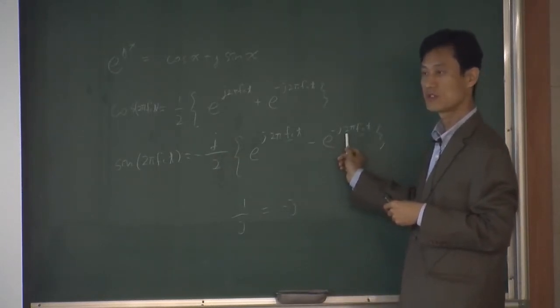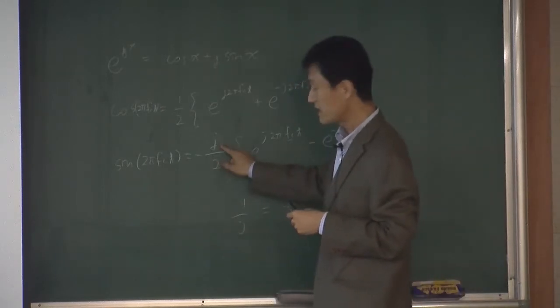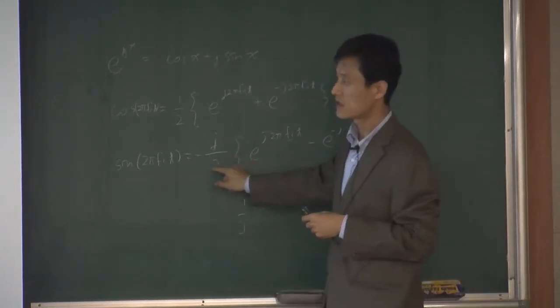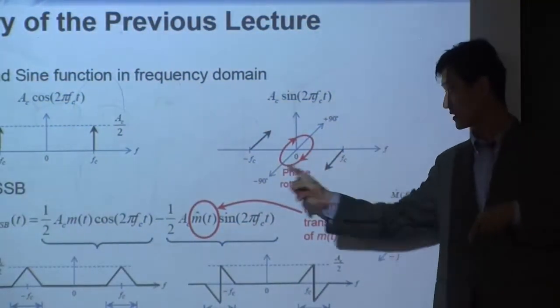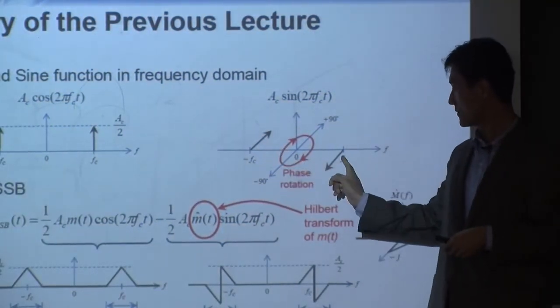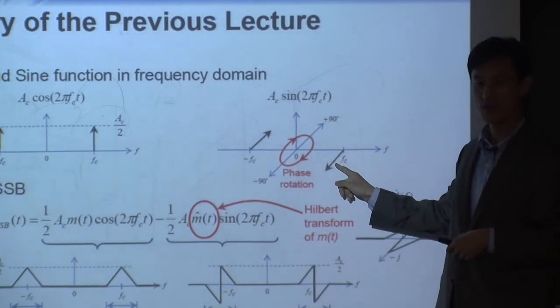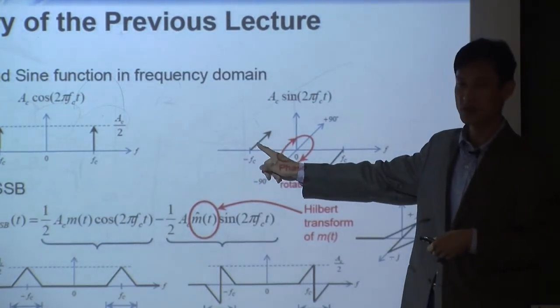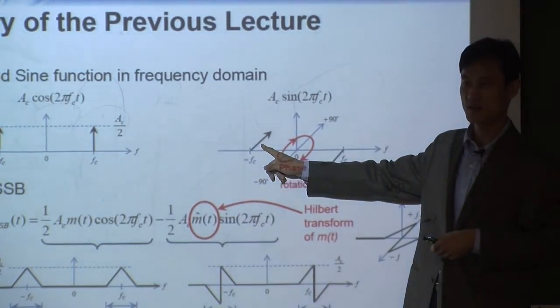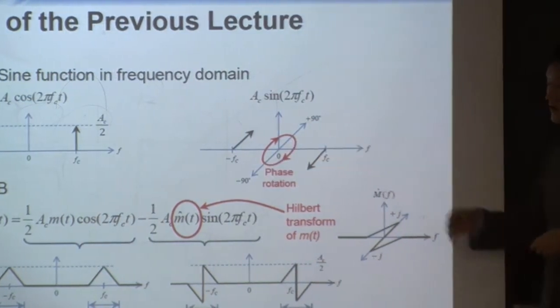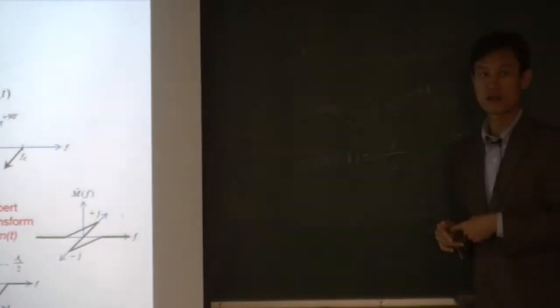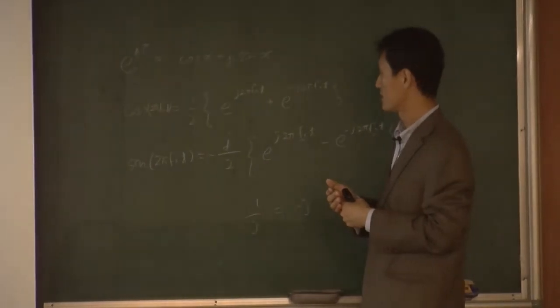So there is actually j or minus j. That's why it's not like this, it is like this, right? That's why you see a minus 90 degree phase rotation and a 90 degree phase rotation here. So I'm saying this is a more accurate way of looking at sine.